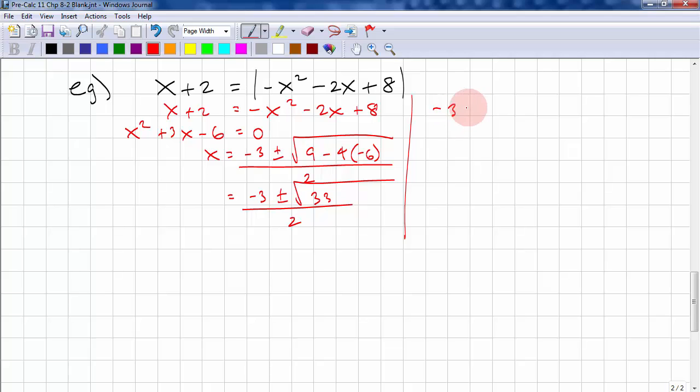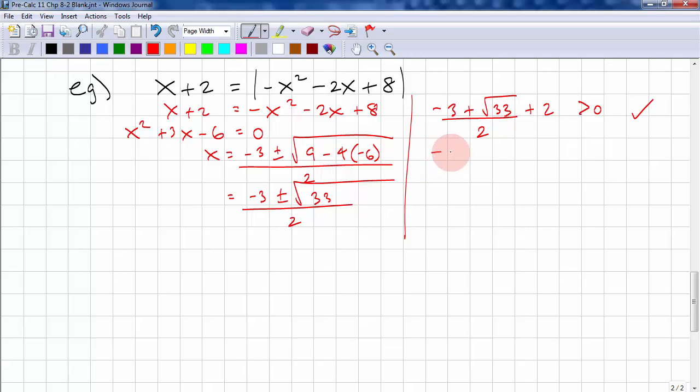Minus 3. We'll do the plus first. Plus square root 33 over 2, and then we're adding 2. This is bigger than -3, so this whole thing is going to be greater than 0, so this is a good solution.